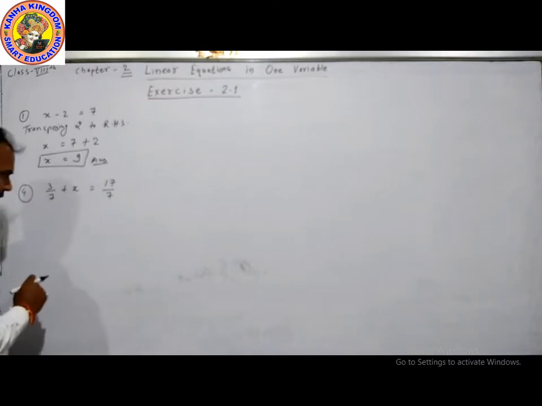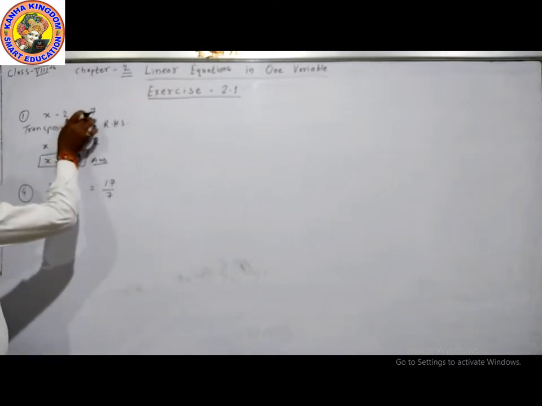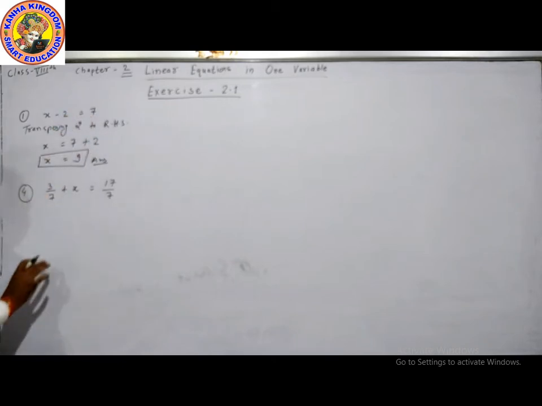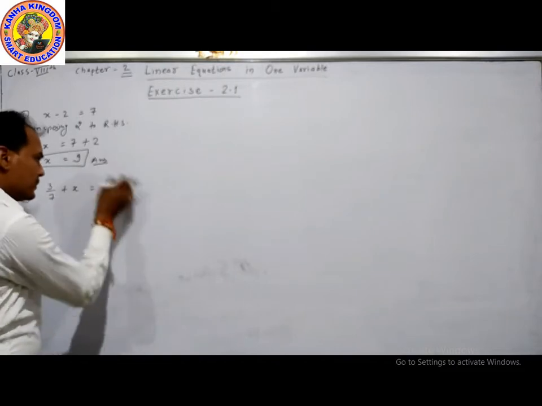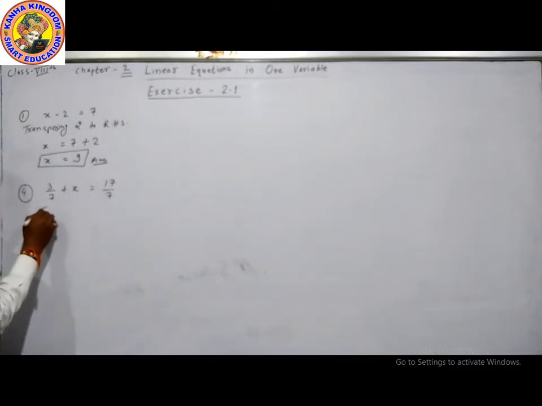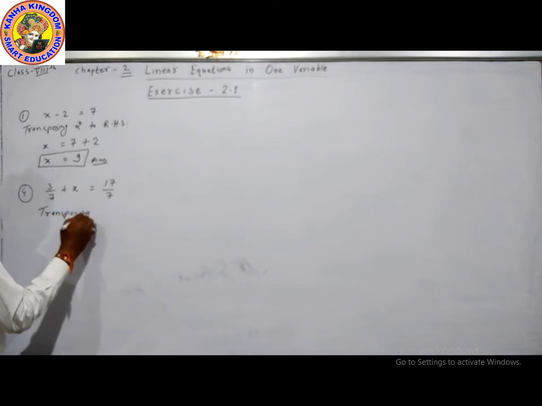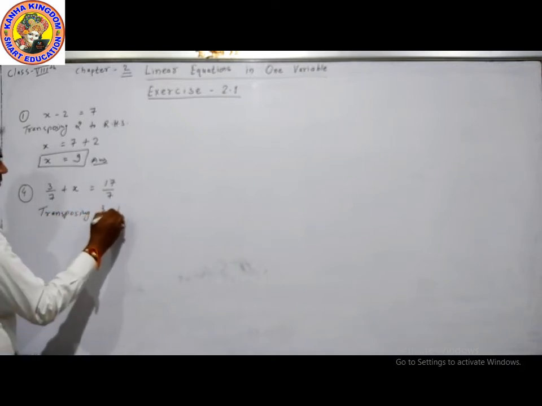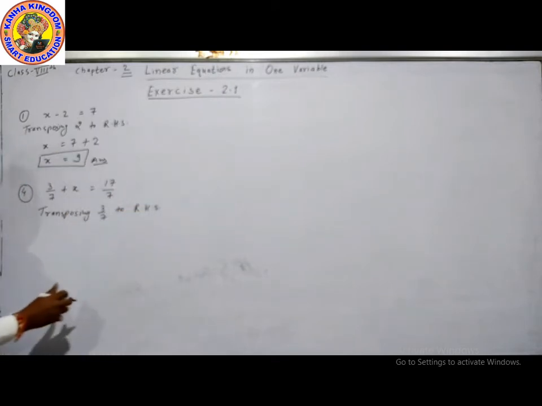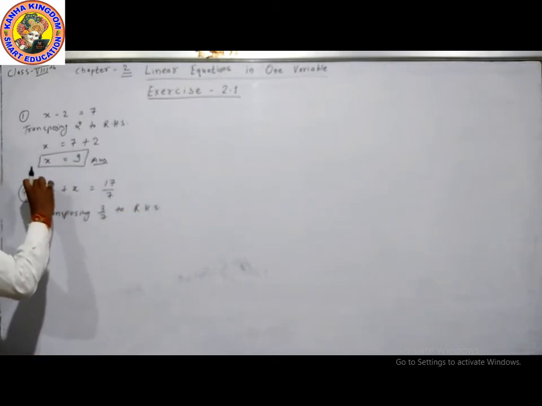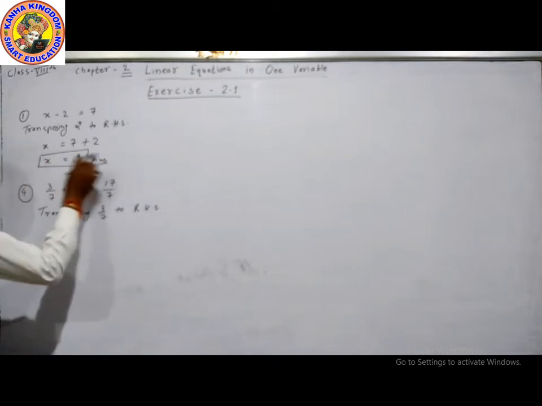In this type of question, these are rational numbers, and these are integer numbers, and this is a rational number. Solving the equation, we have to transpose these numbers. Transposing 3 by 7 to the right hand side. 3 by 7 moves to the right hand side, the sign will be changed.